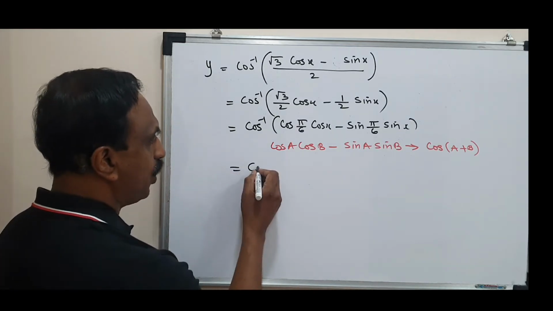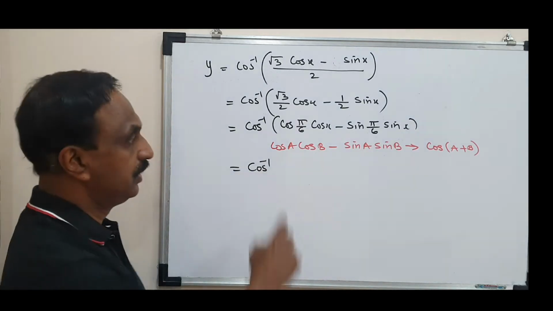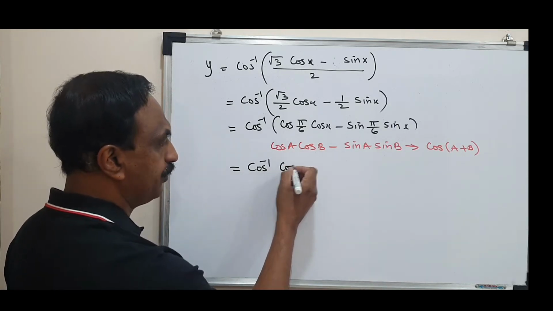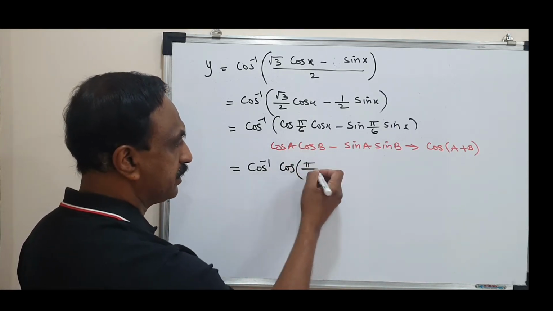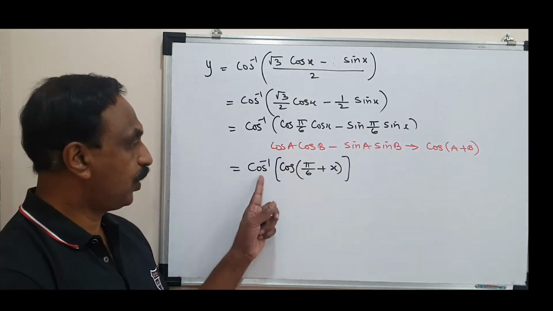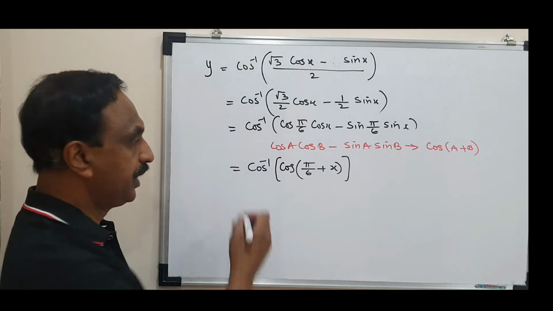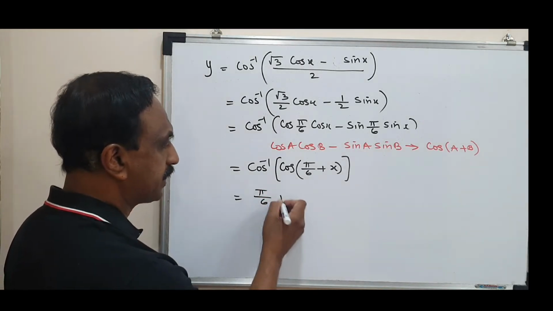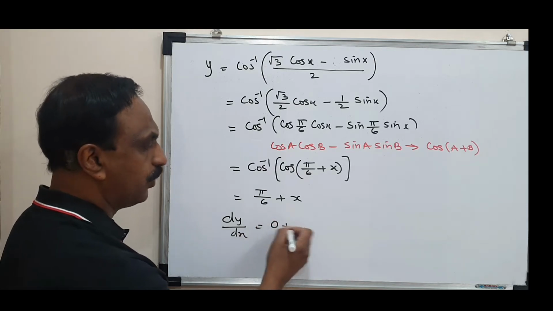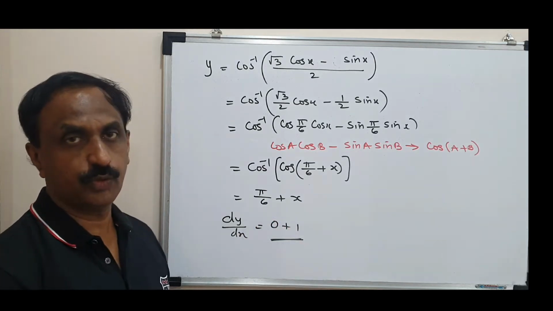So that becomes cos inverse of cos A cos B minus sin A sin B, which is cos of A plus B, where A is pi by 6 and B is x. Again, cos inverse cos get cancelled and this becomes pi by 6 plus x. Hence, the derivative becomes 0 plus 1. This is how you can do it.